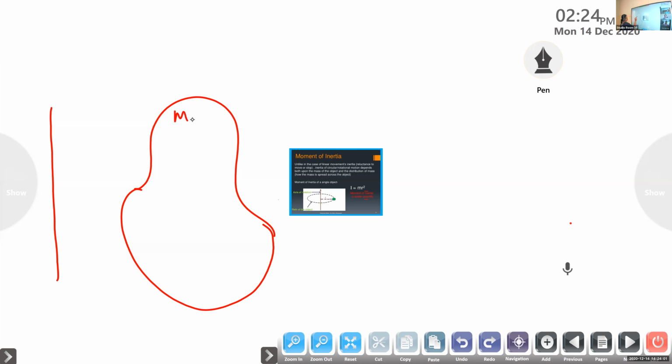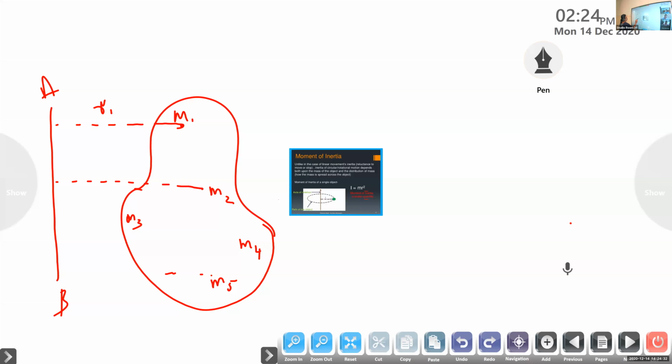So here you can write M1. Here it is M2, another particle. Somewhere here M3, another particle. Somewhere here M4. And somewhere here you have M5. Just think this is the axis of rotation AB. Then the distance from the axis, roughly, for M1 is R1.